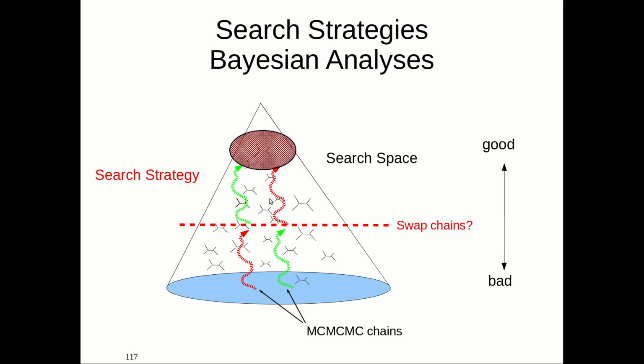The way this works with MCMC is somewhat similar, only that we have the heated chain and the cold chain shown in green here, and then occasionally they may synchronize to swap chains, then move on to this desired area of high posterior probability.